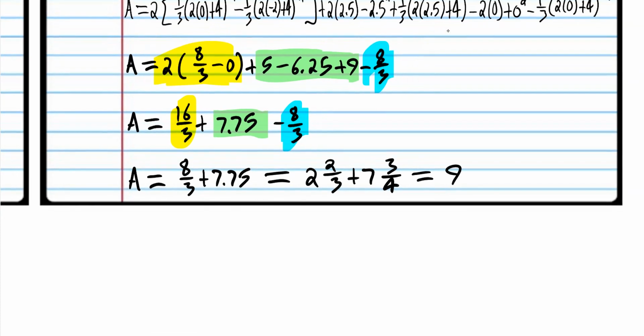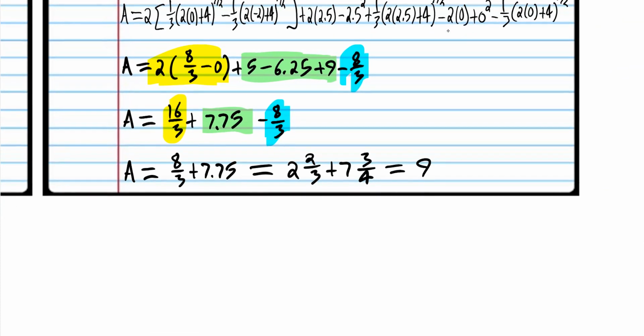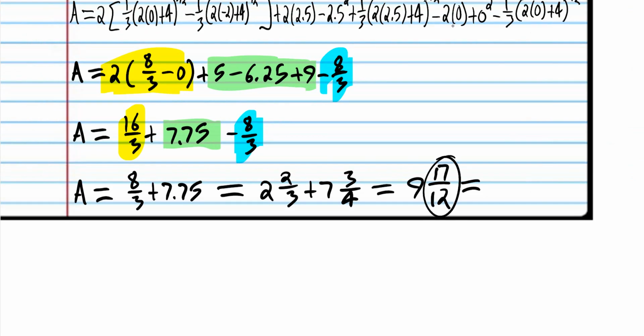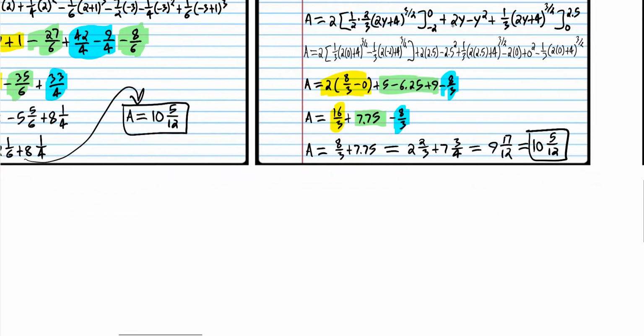So then we have 9 and 17/12. And this fraction here is 1 5/12, so that becomes 10 5/12, which is the same thing that we got here.